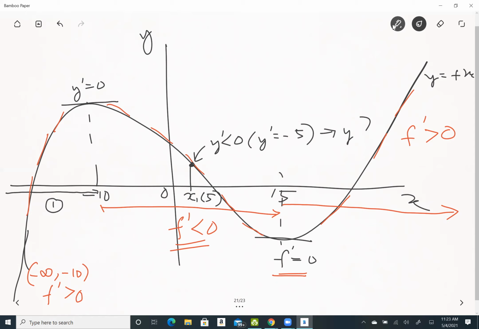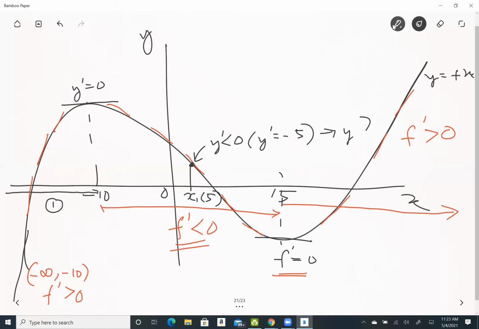Go back to the slope. If x decreases by 1 unit, or there is a small decrease in x, now the derivative is negative. What about y? Will y increase or will y decrease? It will decrease by 5 units.